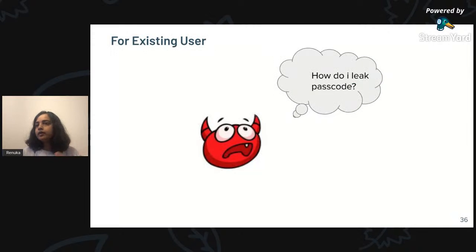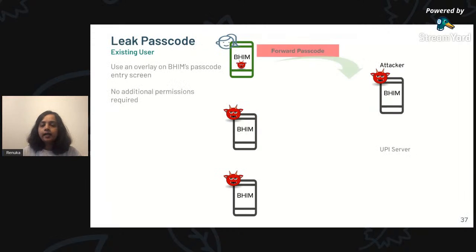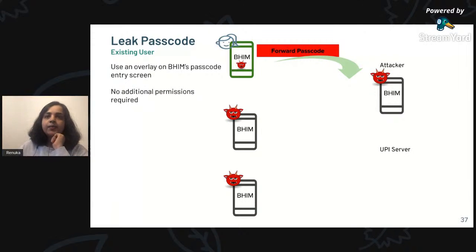How does this differ for an existing user? For an existing user, the attacker has to compromise the passcode. How does an attacker compromise the user's passcode? There are a few ways to do this, and the paper describes more information about that. One way we tried was to use an overlay screen that exploited a known vulnerability.